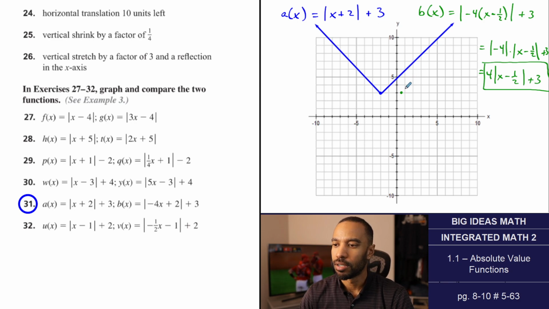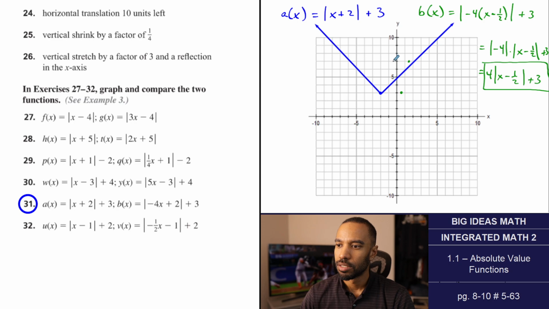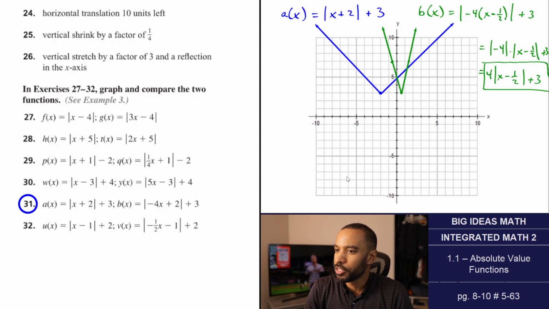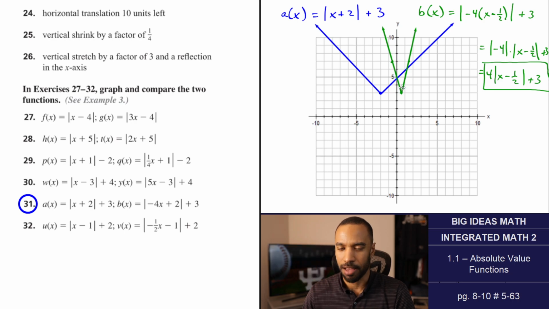And the stretch of 4. 1, 2, 3, 4 over 1. Like that. So there's the graph. Okay. Vertically stretch by a factor of 4 and translate 1/2 unit to the right.